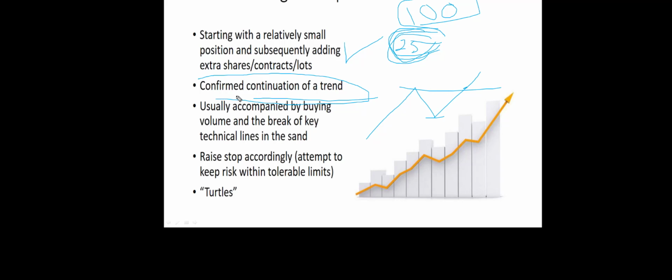Now, at that time, you also begin to notice the volume increases. So when professional people come in, you see here it shows a higher volume than normal. And we're going to talk about volume another time, but for right now, I just want you to really get good at understanding entry and exit positions. And we add other confirmations to it to make it even more successful. And so anyway, then also by breaking key technical lines.